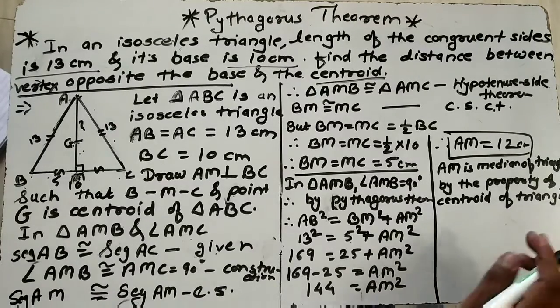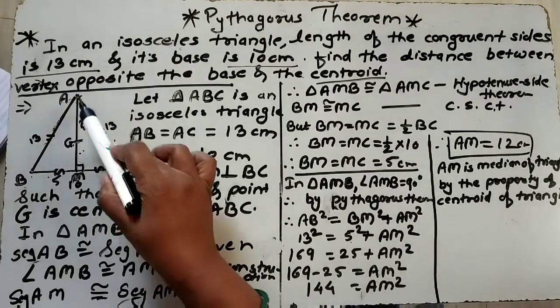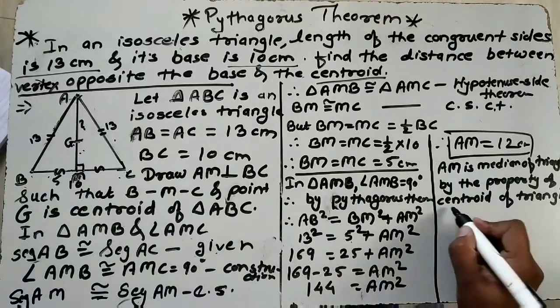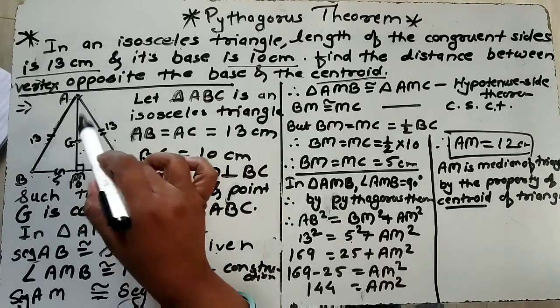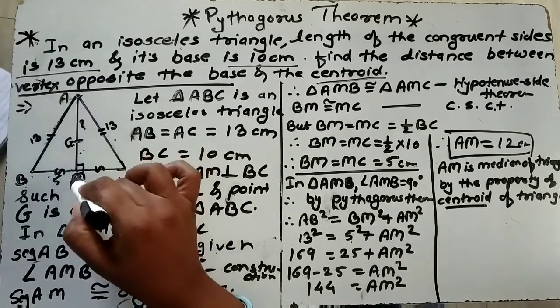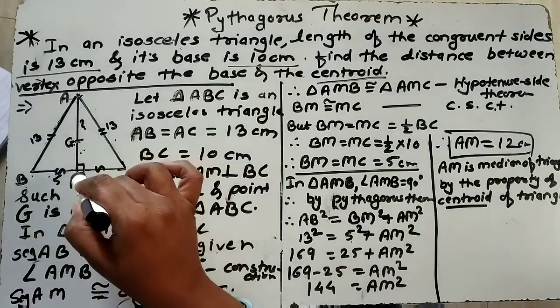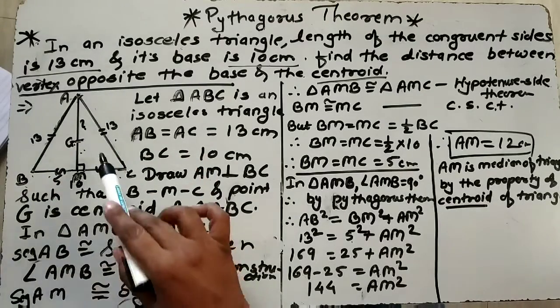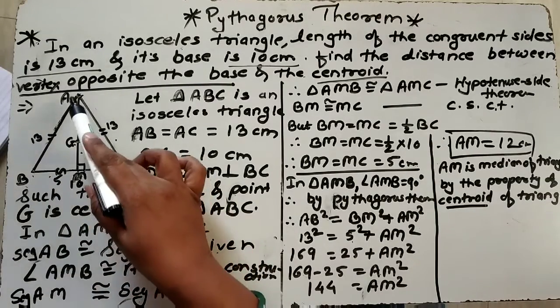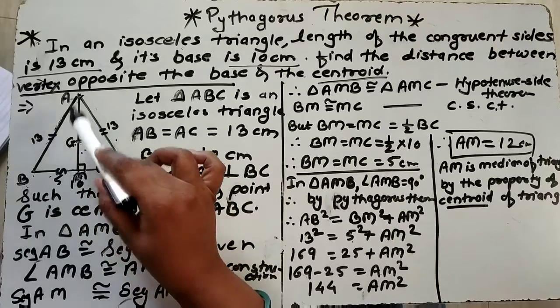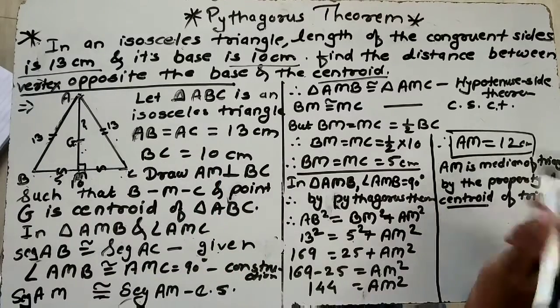we studied it in 9th standard, I think. What is the property of the centroid of a triangle? AG is 2/3 of the total median. So the measure of AG is 2/3 of AM, and we found the measure of AM here.